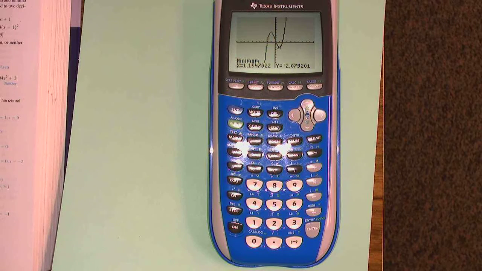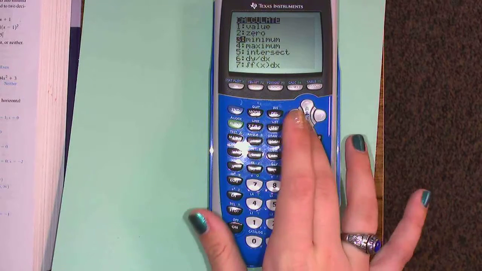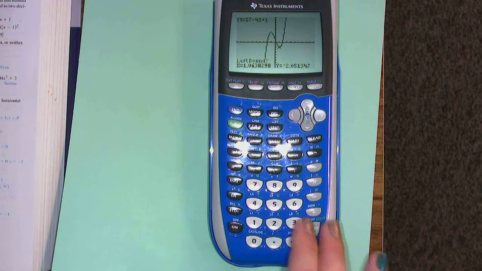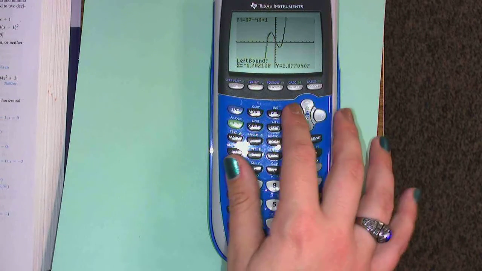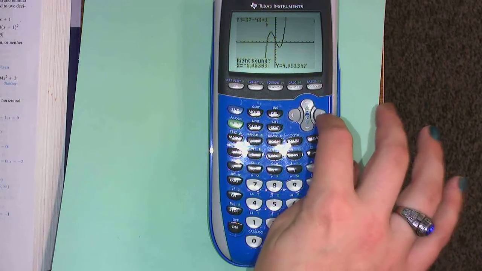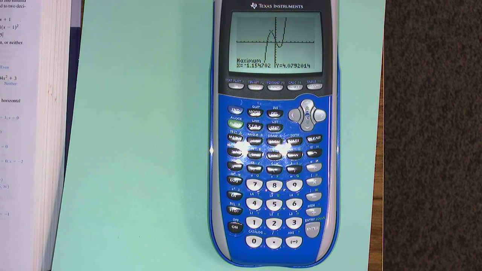Then we would want to do the same thing for maximum. So still second trace. You're just looking for the one that says maximum now. You got to get on the left side of the high curve. Then on the right side. Then guess. So we would say there's a maximum at negative 1.15.